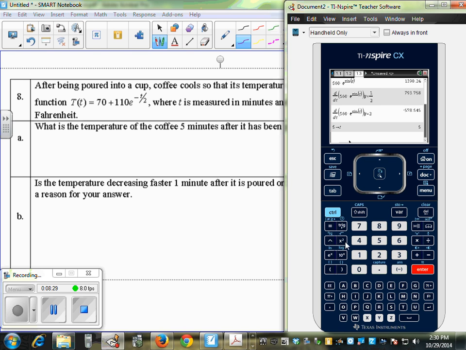Then I'm going to just type that formula, negative t over 2, press enter. So the temperature was 79.029 degrees.